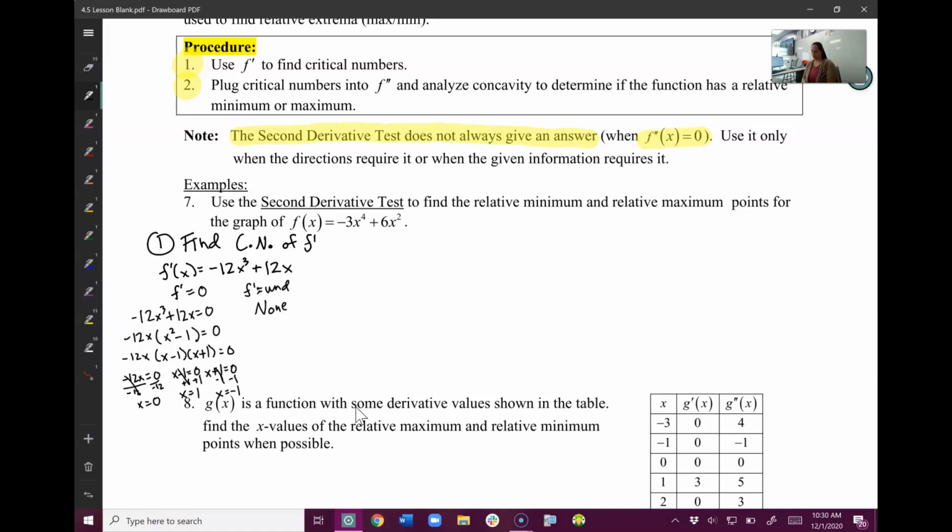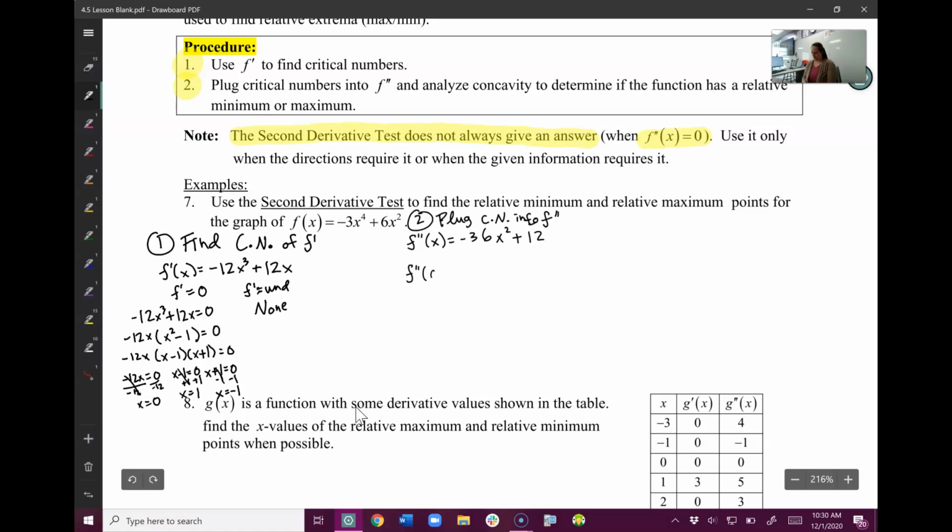Step 2, I'm going to plug my critical numbers into the second derivative. So let's find the second derivative first. We've got negative 36x squared plus 12. And let's plug those in. So this is step 2: plug critical numbers into f double prime.